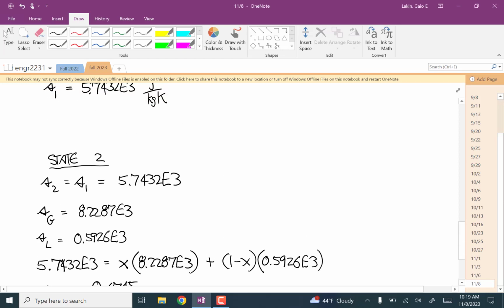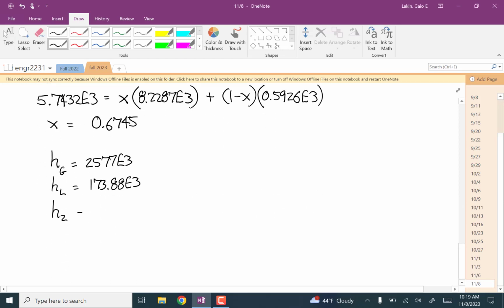So H2 is equal to 0.6745 times Hg plus 1 minus this times HL.